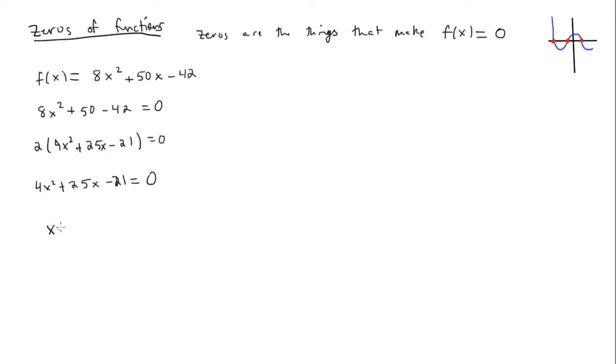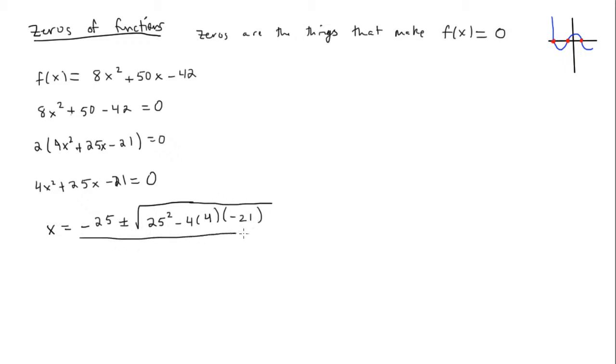So x equals negative b plus minus the square root of b squared, so 25 squared, minus 4 times a, which happens also to be 4, times c, which is negative 21. And that negative is going to be important in a minute. And then this whole thing is divided by 8, which is twice a.